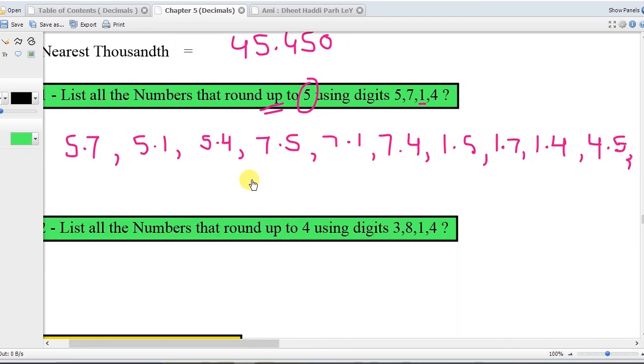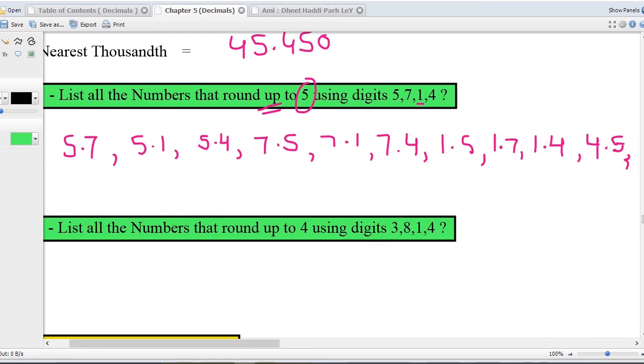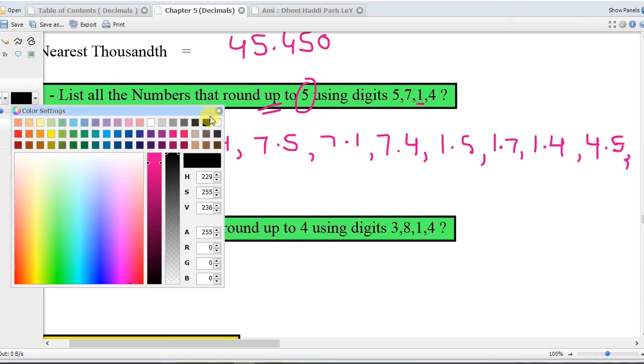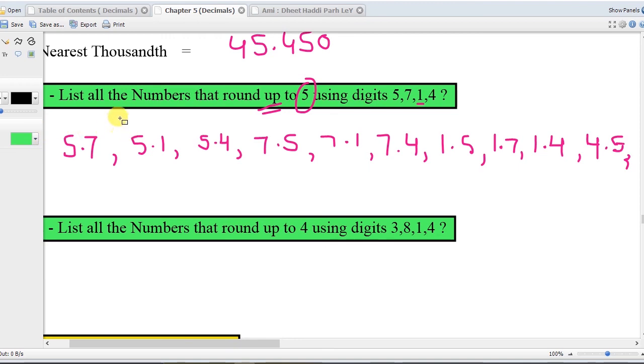Okay, so now these are the numbers that we are having. So now what numbers can we round up to 5? Let's just circle those numbers. So this 5.1 will give you 5. Either you can round up or round down. Okay, let me write it here, round down as well.